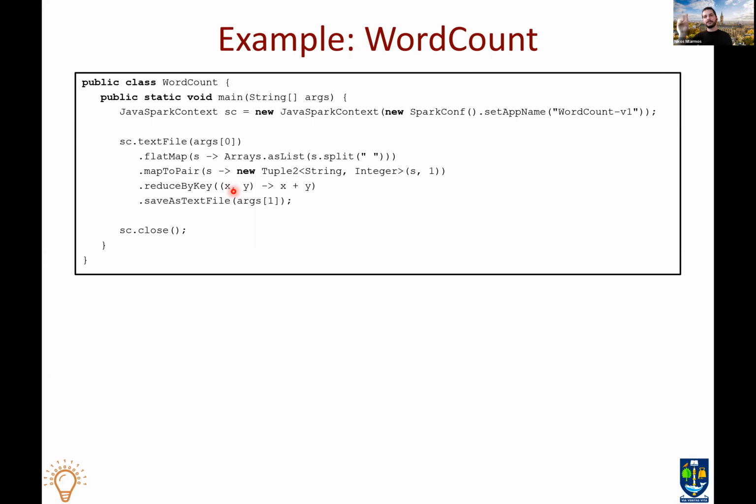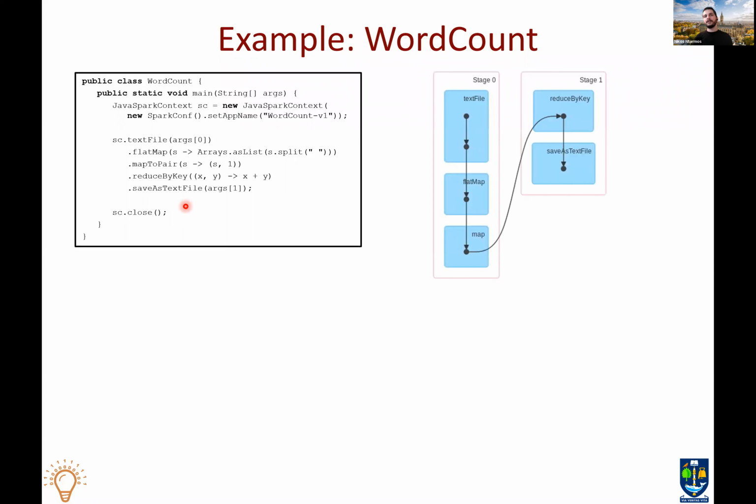And remember, this happens iteratively. So the first and second value are added, the result of that to the third, the result of that to the fourth, and so on. So in the end, we get something that has a word and the sum of the counts, and then we saveAsTextFile. This is the action that would trigger all of this being executed, okay?